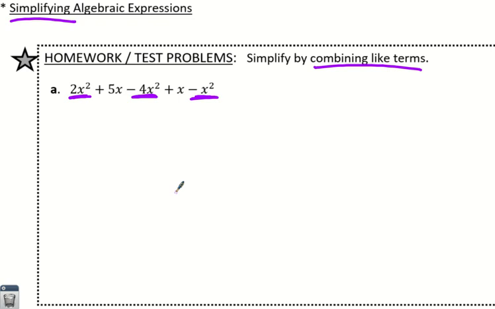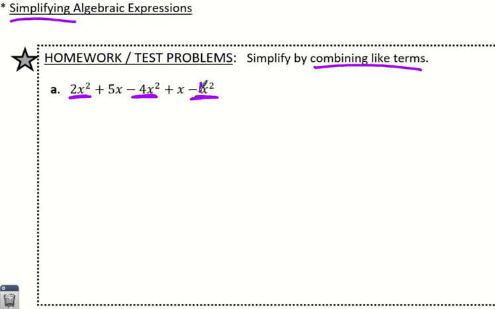So when we do that, it's 2x squared minus 4x squared, and then technically the coefficient here is minus 1x squared. And when you combine the like terms, it's still going to end up being an x squared term. The exponent won't change here, okay? We're just adding these terms together.